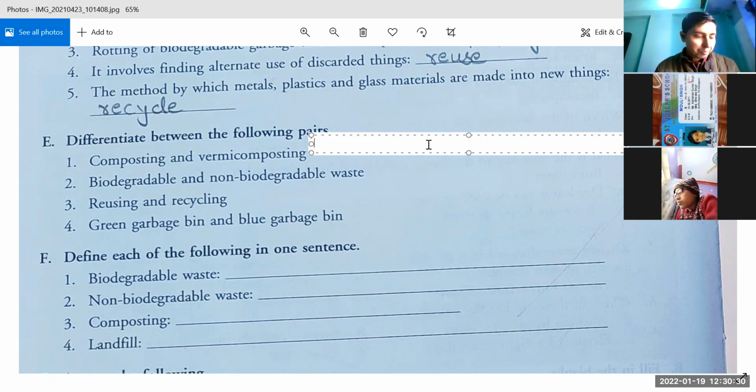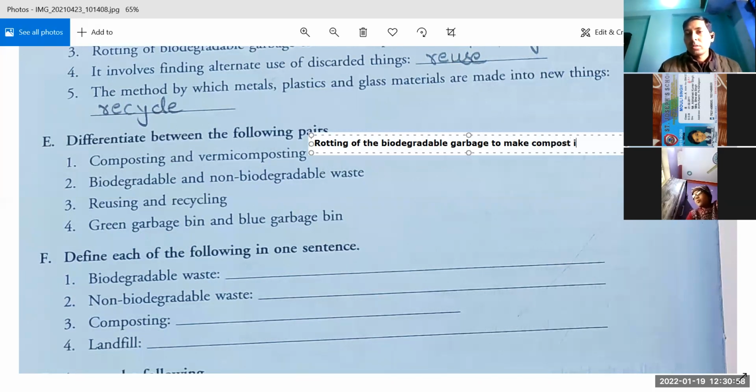Composting. Rotting of the biodegradable garbage to make compost is known as composting.